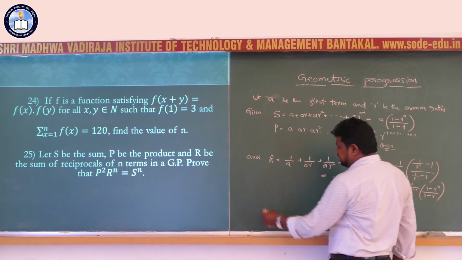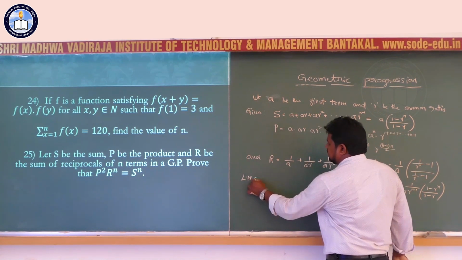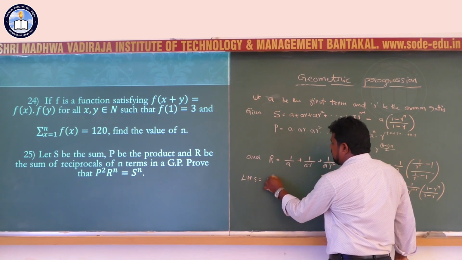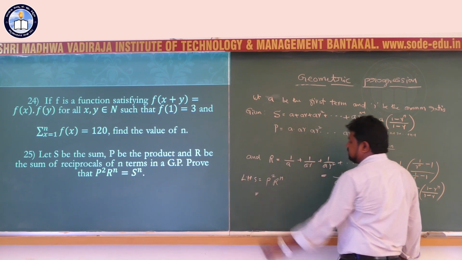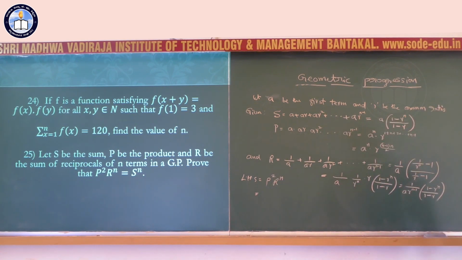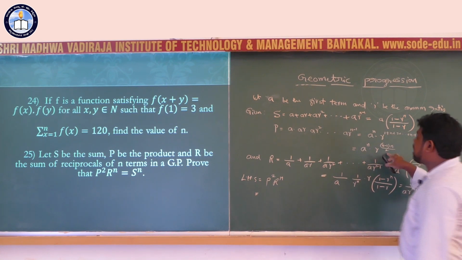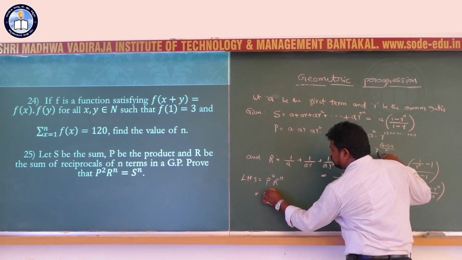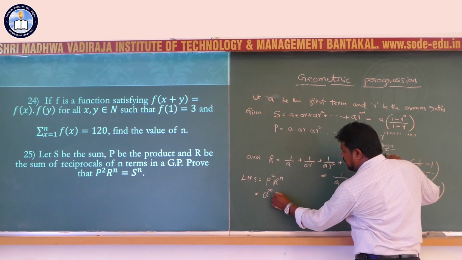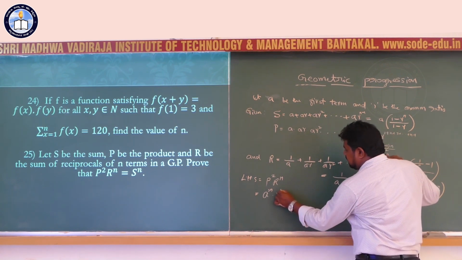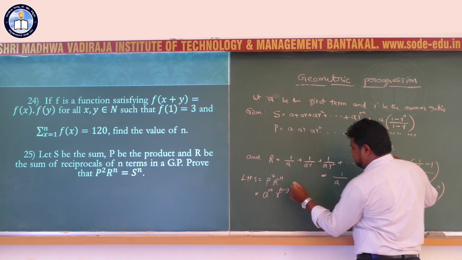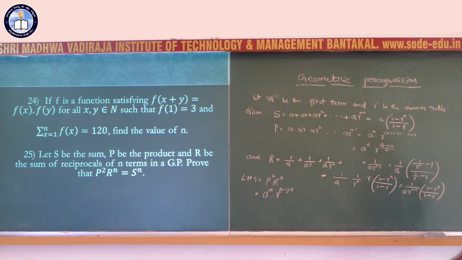I take the left hand side, LHS, equal to P squared into R power n. That is equal to P squared, P here is a power n into r power n minus 1 into n by 2, its square, that is a power 2n into r power n minus 1 into n, into r power n.